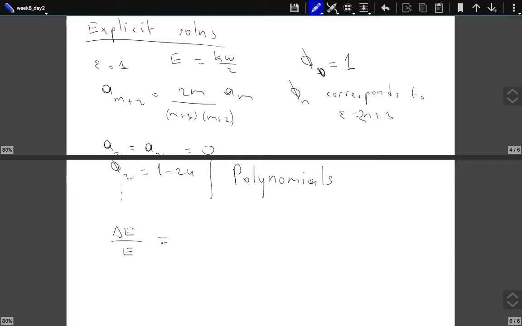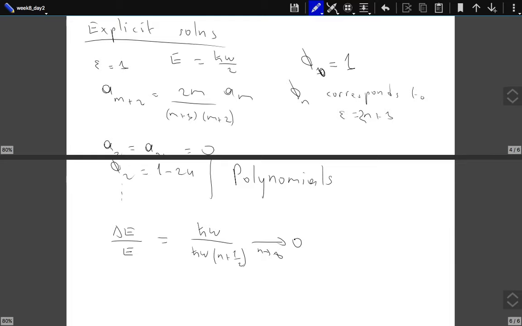So delta E between two energy levels is just h bar omega, whereas E between two energy levels is h bar omega times n plus 1 over 2. So for large n, this is just 0. Very excited states of the harmonic oscillator just look continuous.